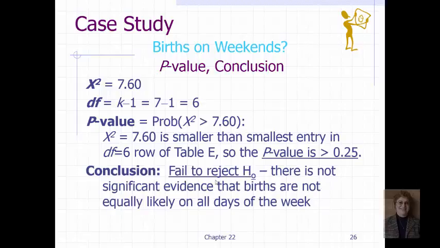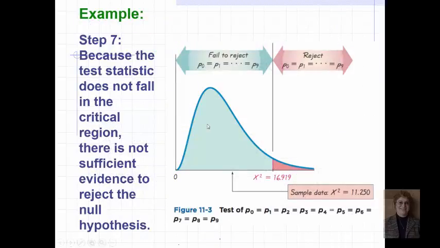There's not significant evidence that births are not equally likely on all days of the week. Or, I would like to put it in positive, there's not sufficient evidence that births occur at different proportions on different days of the week. We could say that too. Now, our test statistic doesn't fall into our critical region.